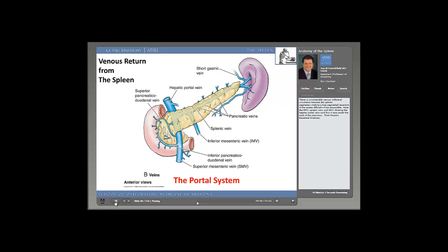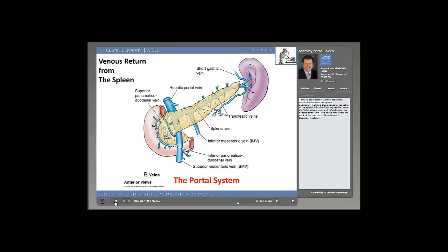Blood from the large bowel, from the splenic flexure and the descending colon, enters back into the venous circulation through the inferior mesenteric vein. The inferior mesenteric vein usually anastomoses with the splenic vein. And of course, we see short gastric veins, pancreatic veins.